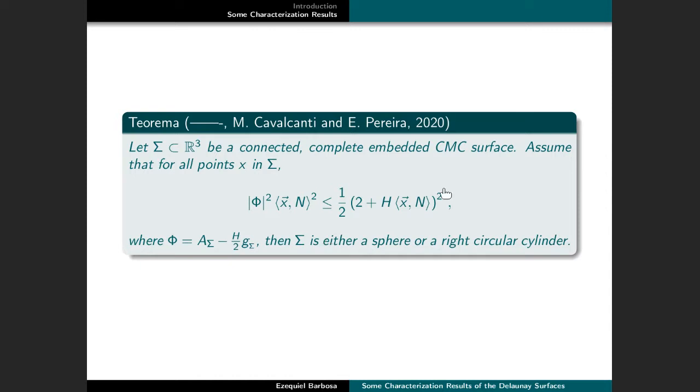Then just the spheres and right circular cylinders satisfy this quadratic decay of curvature, with A equal to 1.5 and B equal to 2. Okay.